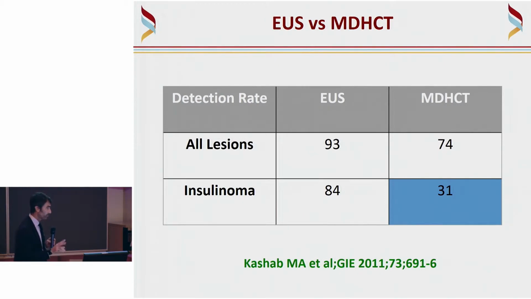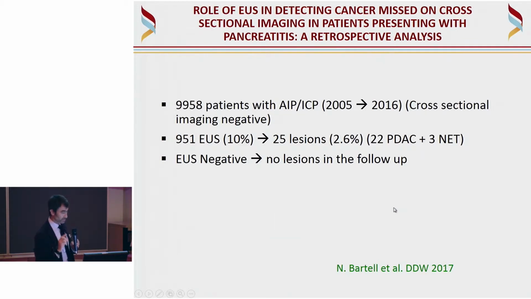But again, if we compare multi-detector helical CT and EUS in the detection of lesions, particularly very small lesions like insulinoma, there is a clear advantage of EUS in depicting lesions smaller than 2 centimeters as compared to helical CT.